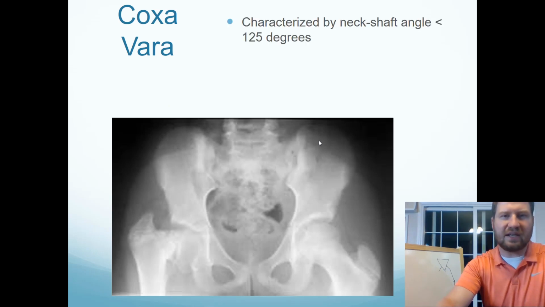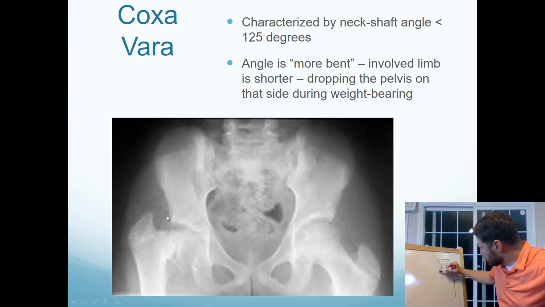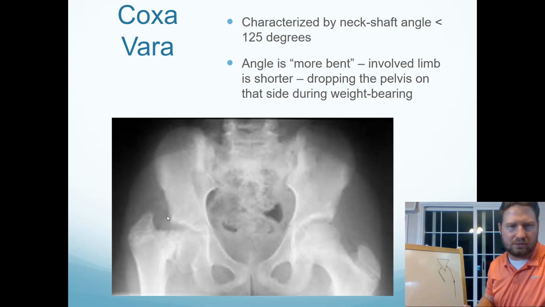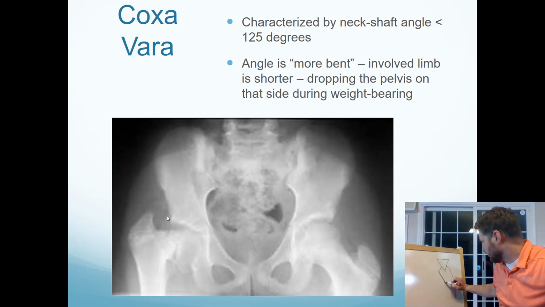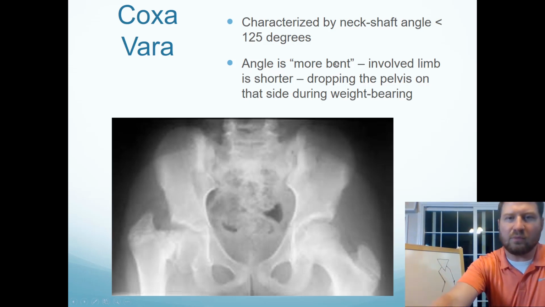Coxa vara is characterized by a neck shaft angle less than 125 degrees. Okay? Right there. That is going to result in that femur coming in. Okay? If we have that, it's going to go out to the side. Okay? The angle is more bent.